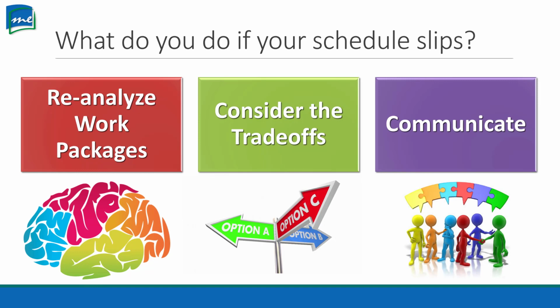Is that going to push you over your final scheduled date? If it is, and it's going to go past the project's completion date, what can you do to not go over your deadline? That might be a trade-off. You might have to work a weekend to take care of that.